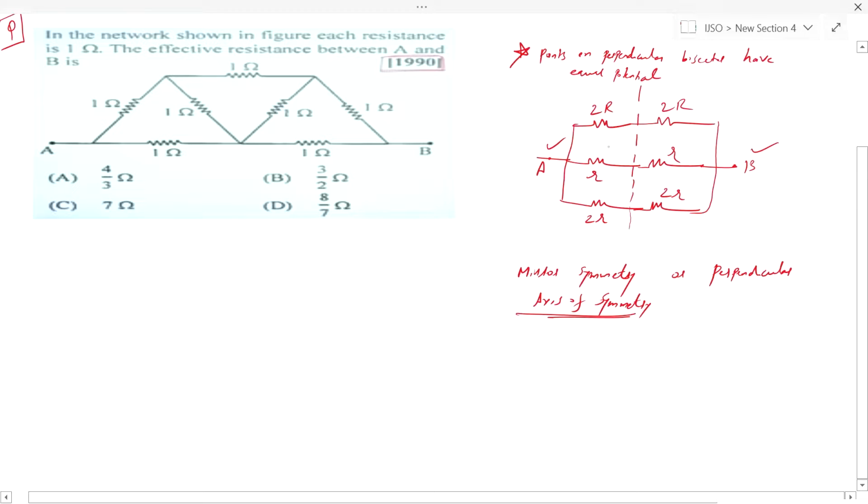Now just observe, when you cut into two halves, the resistances are similar, no? So it's a mirror symmetry or perpendicular axis of symmetry. Hope this part is clear. Clear or not? Okay, so now I will make it more complicated and then we will solve it.